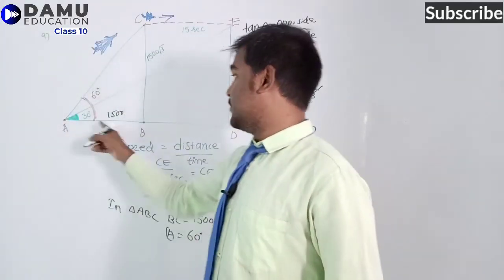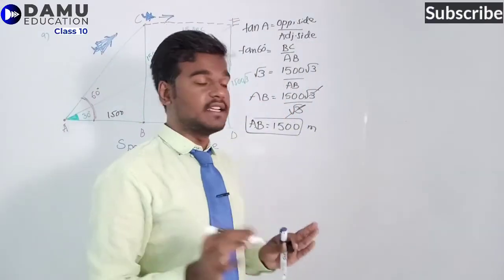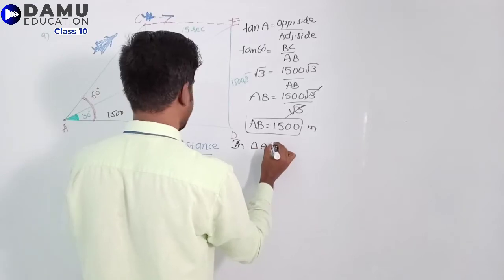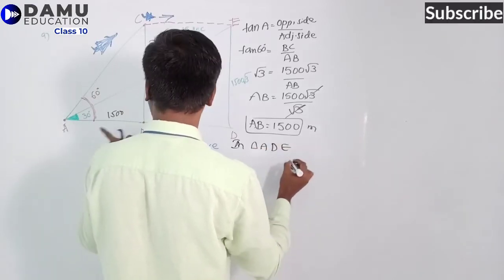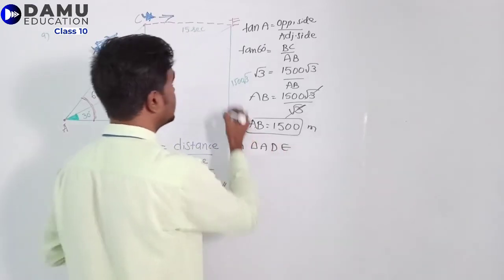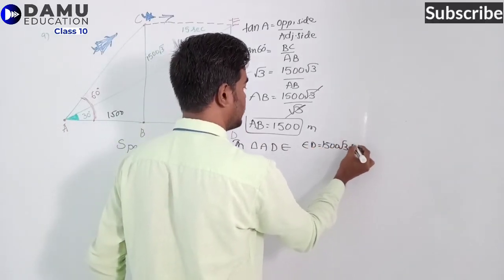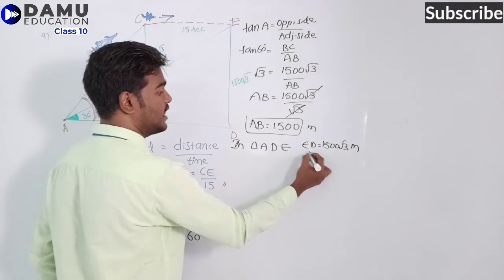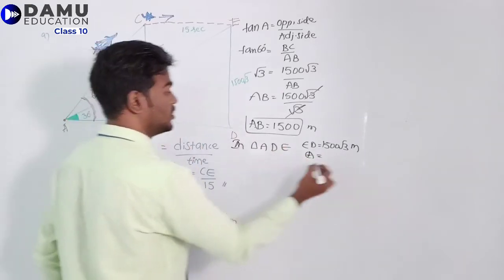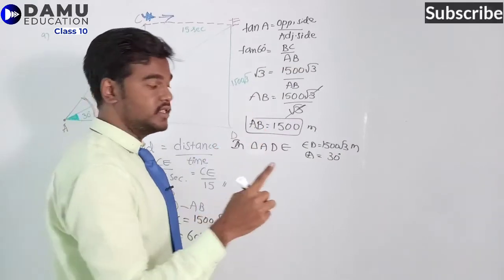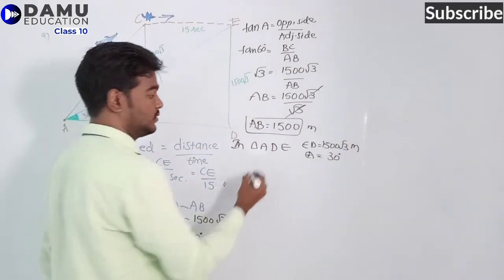Then what is AD? The same figure we have to consider here, in triangle ADE. AD we don't know, but ED we know. ED will be equal to 1500 root 3 meters. Angle A also we know. What is the angle A? 30 degrees. Then what is tan here?